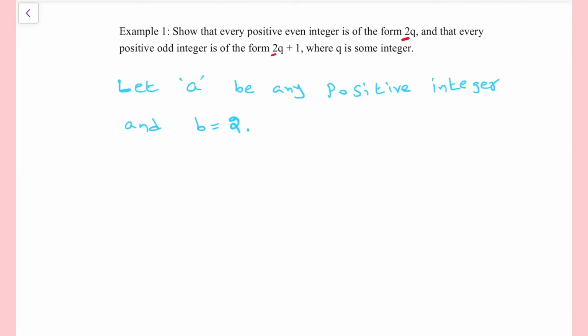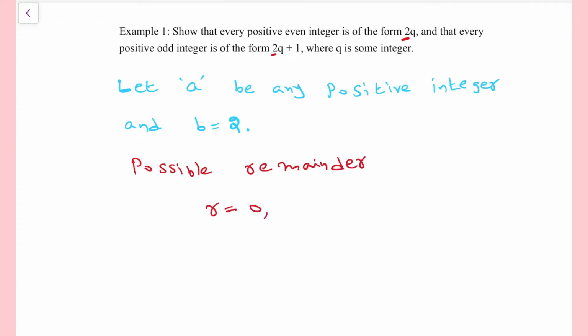Before writing that, let us write all the possible remainders. If b equals 2, what will be the possible remainders here? Always the remainders will start from 0.